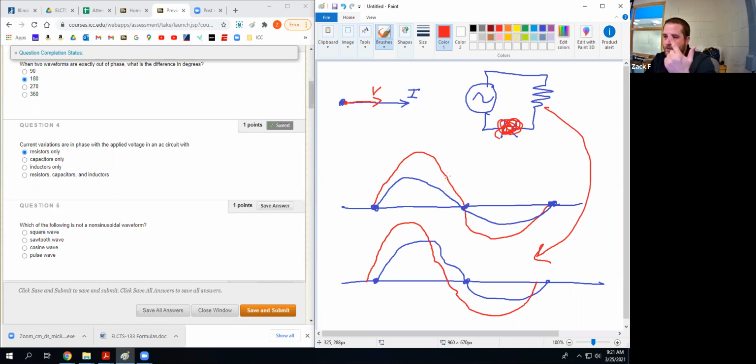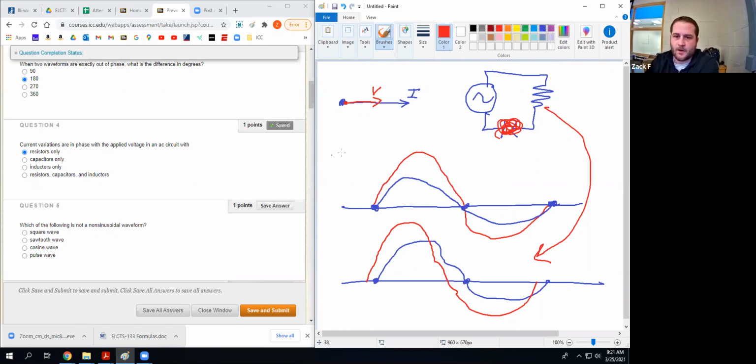So one is voltage and one is current. If I add a capacitor or an inductor, which future chapters talk about, you don't need to worry about it right now. But the point is that if you add a capacitor or an inductor, the sine waves shift a little bit and they become out of phase. Follow? Yeah, got it.